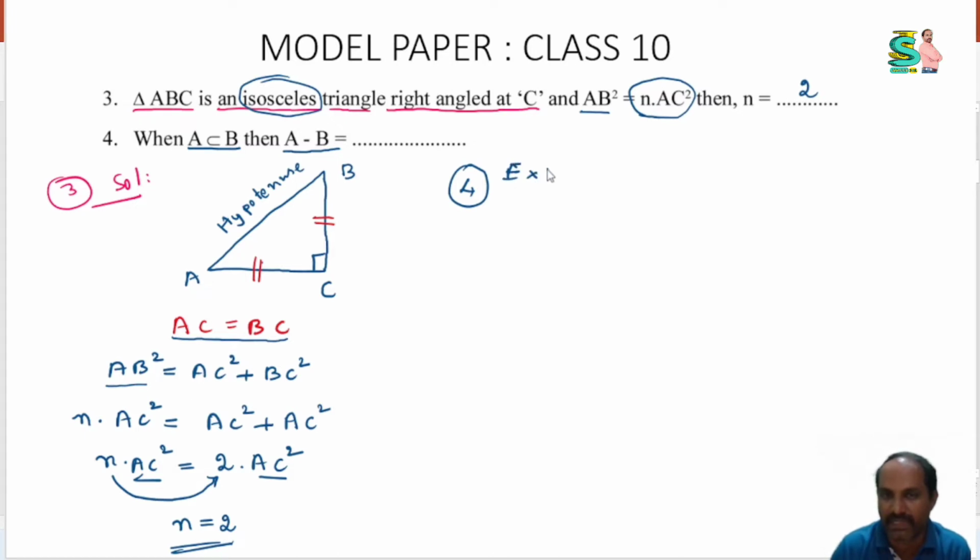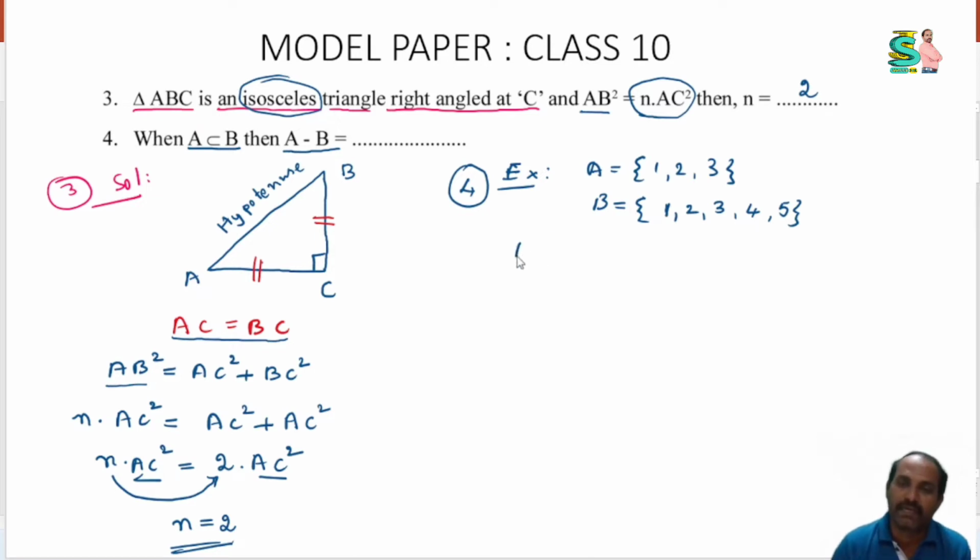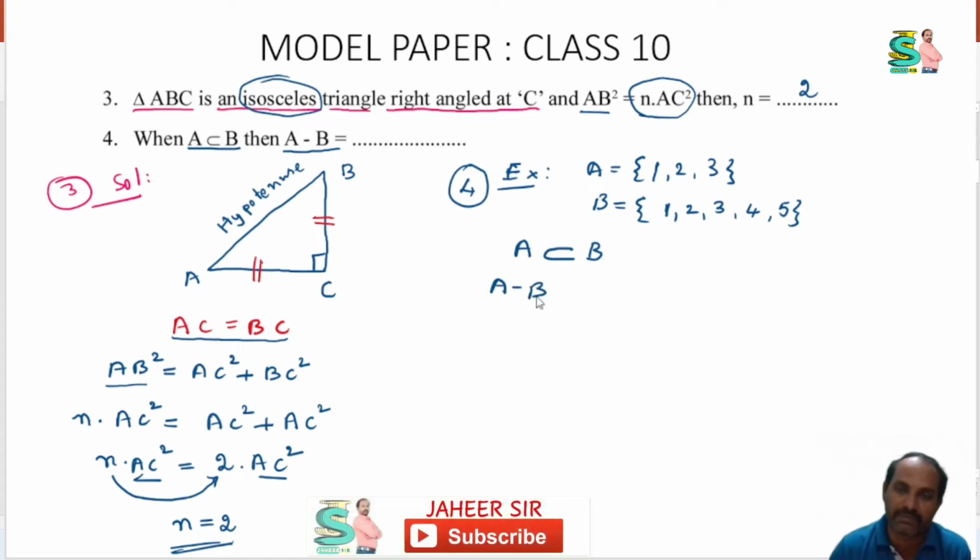A is equal to {1, 2, 3} and B is equal to {1, 2, 3, 4, 5}. These two are sets. Here A is a subset of B, because all elements of A are in B. Now find out A minus B.